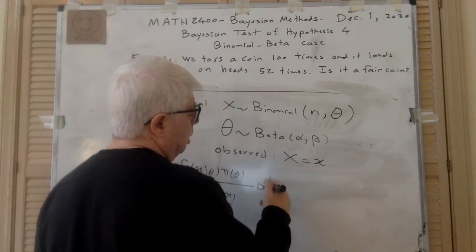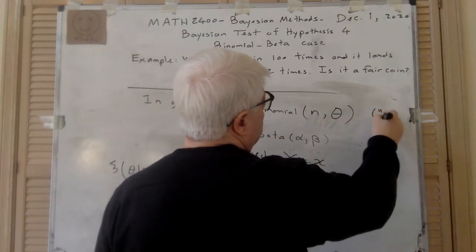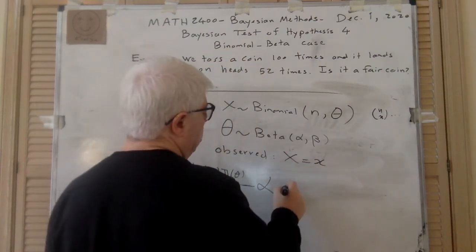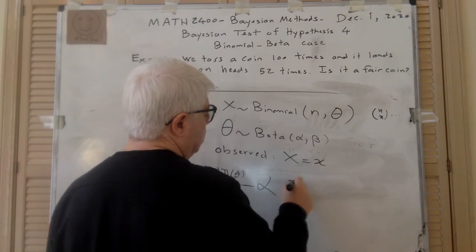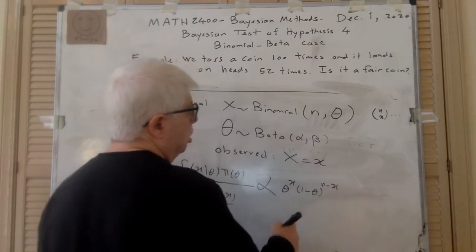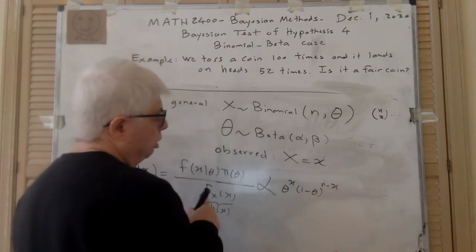This one has n choose x times blah blah blah. The blah blah, in fact, is theta to power x times 1 minus theta to power n minus x. This comes from the binomial. Then I multiply it by pi of theta.